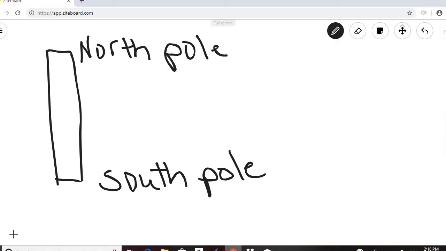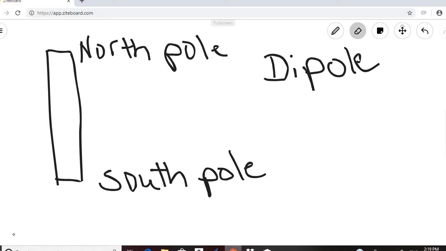The other thing that is true of magnets, as far as we know, is that magnets always exist as a dipole. So they always have a north pole and a south pole.